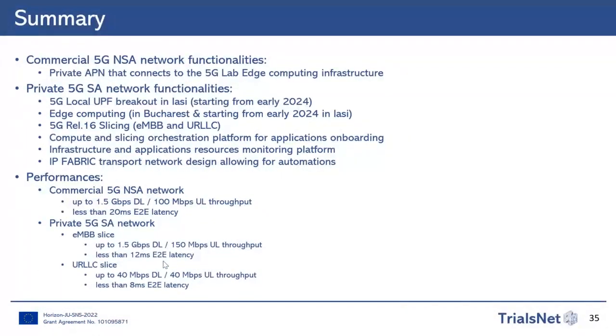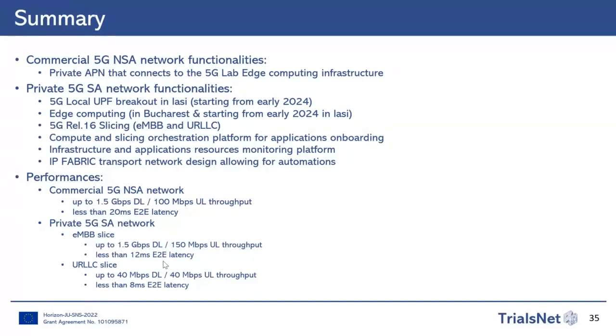In terms of the functionality, for the commercial network, we have already developed a private APN that can connect to our 5G lab edge computing infrastructure that I will describe a little bit further down the presentation. This private APN also has connectivity to internet, so you don't need multiple SIM cards for that to work.